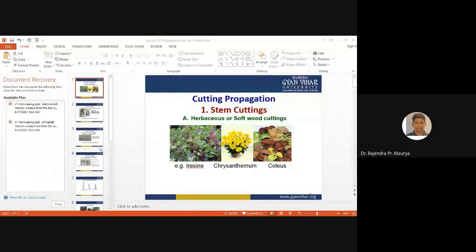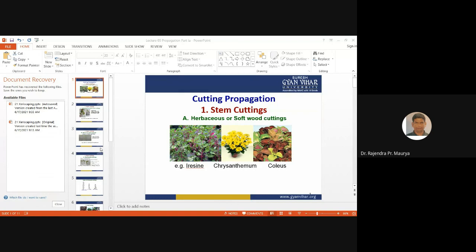And in pots or trays we have to prepare the mixture. The mixture contains perlite, vermiculite, etc. Or you can also prepare the natural ones. In the natural one we can use river sand plus well rotten farmyard manure or compost or vermicompost.